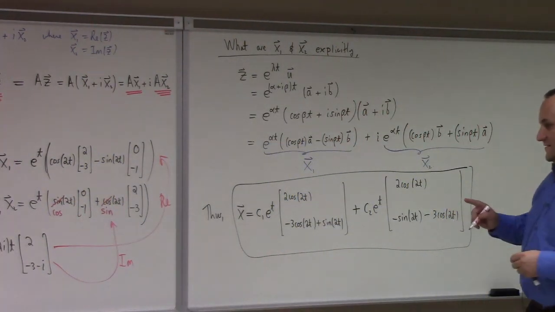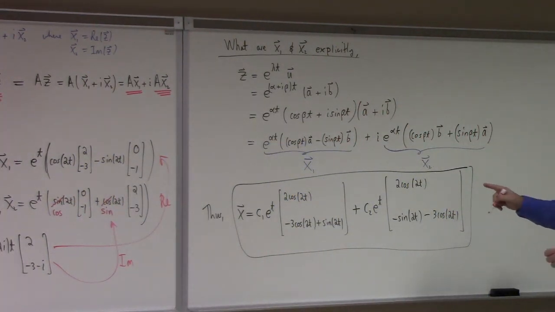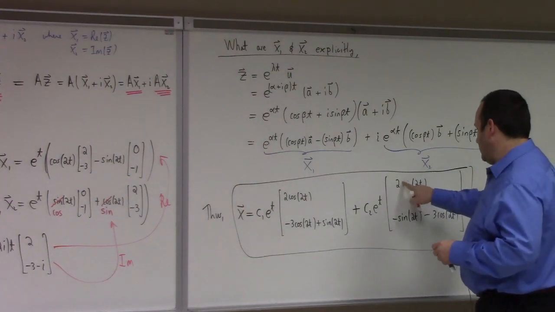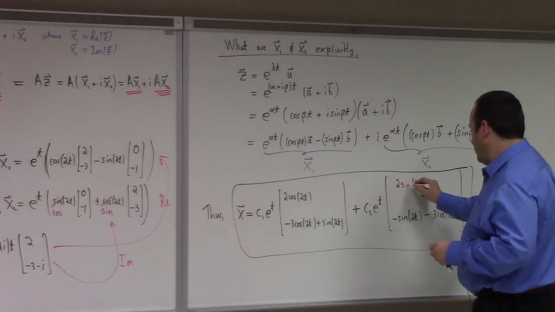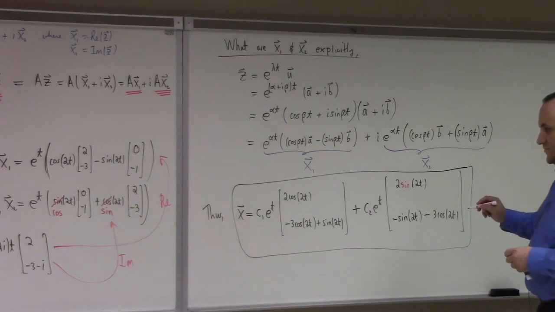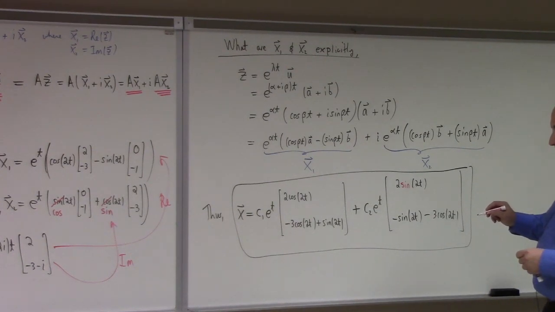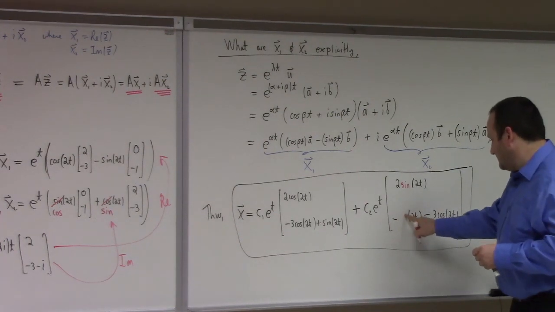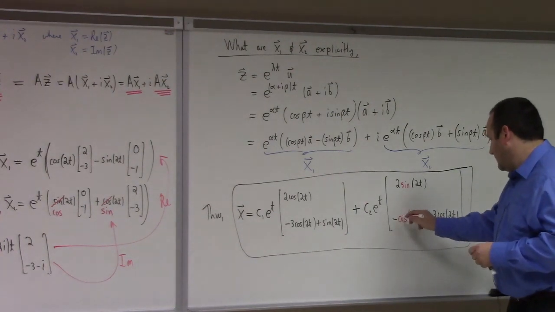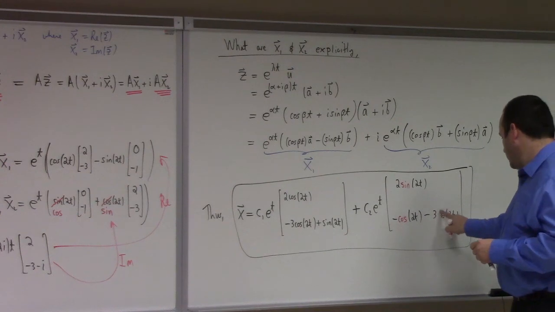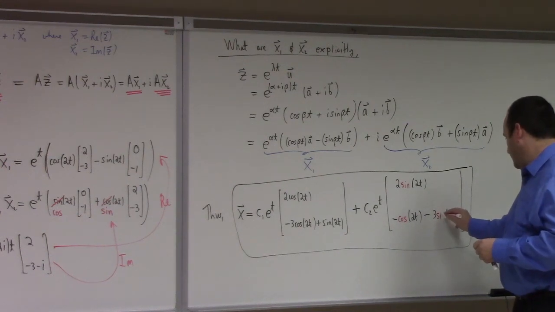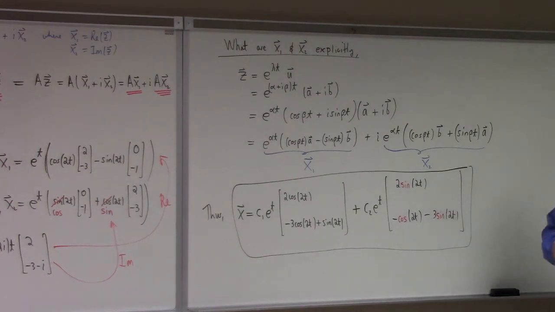Thank you. That changes this to sine 2t. Thank you for interrupting. Most appreciative of that interruption. This is cosine and sine. Sorry about that. Yes, details matter. Very good.